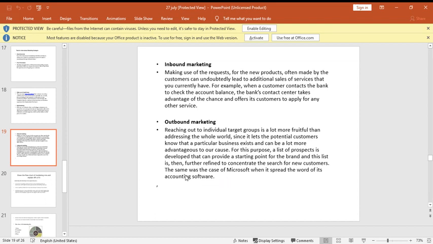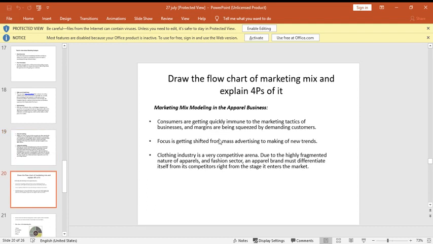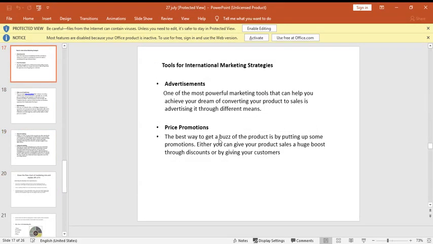Inbound is the reverse of outbound marketing. So these are the five tools we have in international marketing strategies.